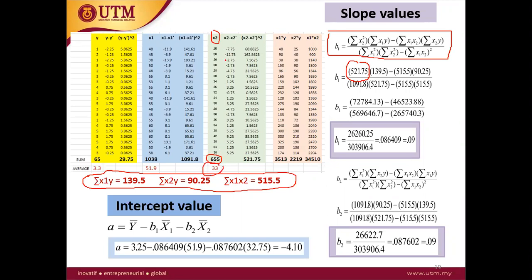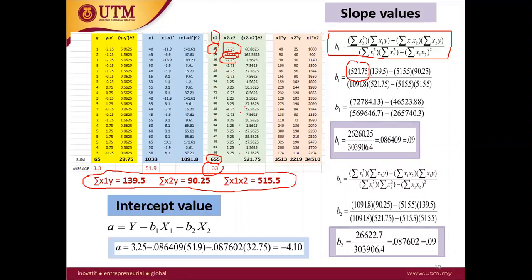So now 25 minus 33, you get negative 7.75. 20 minus 33, you get negative 12.75. 30 minus 33, you get negative 2.75, and so on.